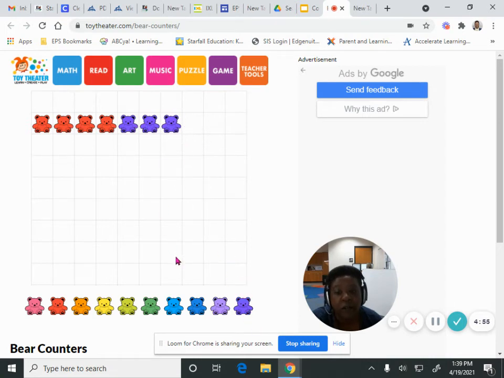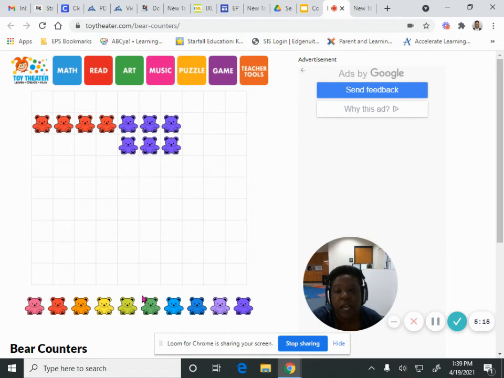What do we know about our sheep? How many legs do they have? Our sheep have 4 legs, and our bears only have 2 legs. So we need to use a couple more bears just so that we can have those extra feet, right?